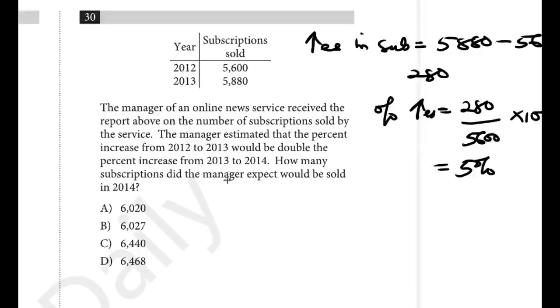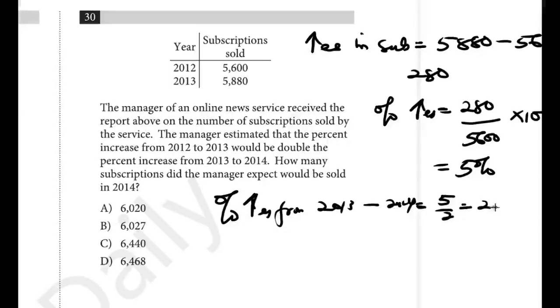Now, according to the question, the manager estimated that the percent increase from 2012 to 2013 would be double the percent increase from 2013 to 2014. That shows that if the percent increase from 2012 to 2013 is 5%, then the percent increase from 2013 to 2014 will be 5 divided by 2, 2.5%, because the question already said it would be double.